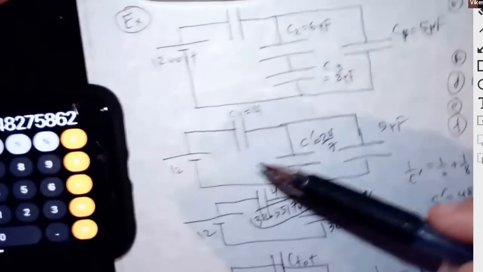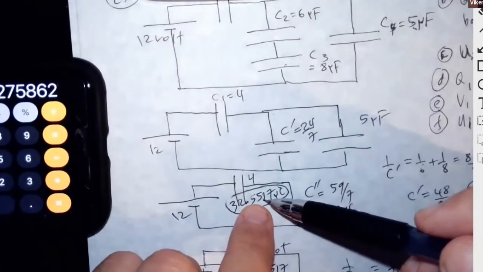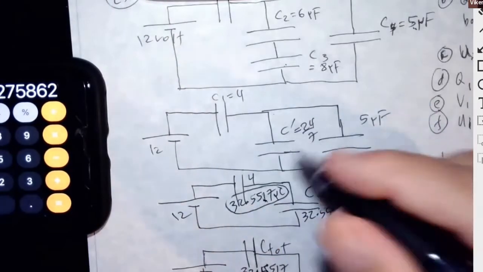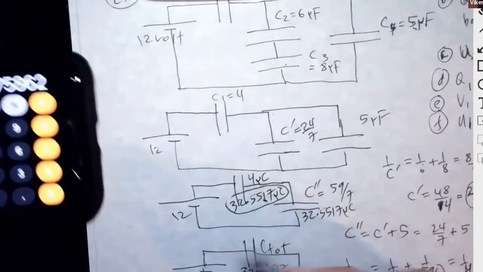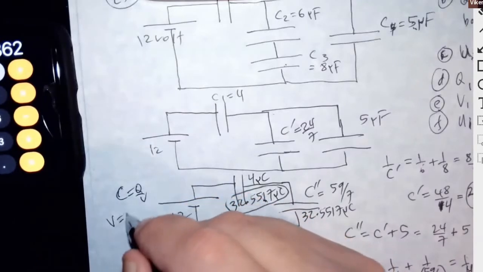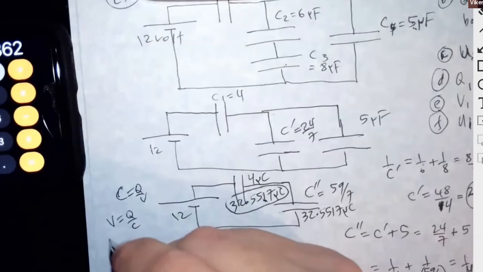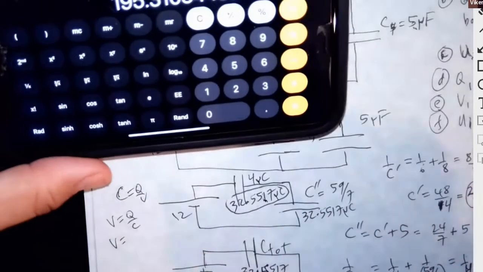Back all the way up to the top. So that is its charge. And if I want to know its voltage, what would I do? Voltage is Q over C. So then I would divide this by this, right, to get the voltage.